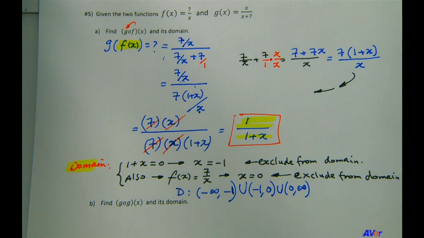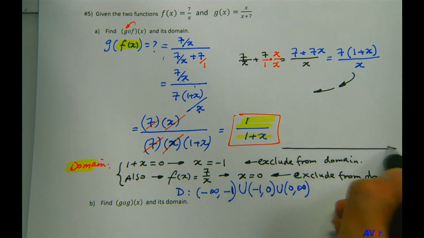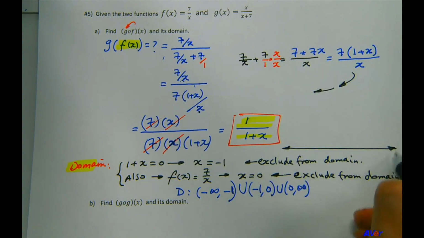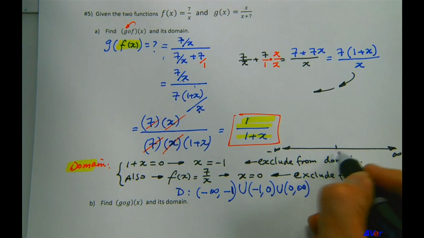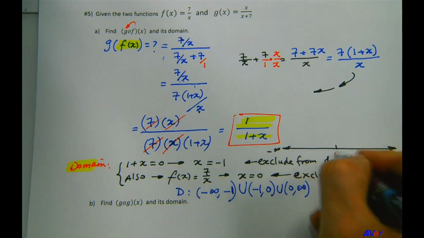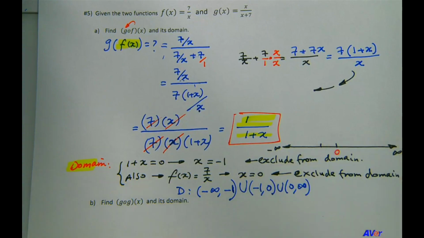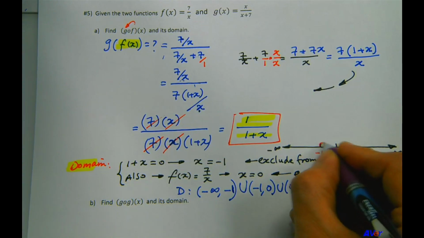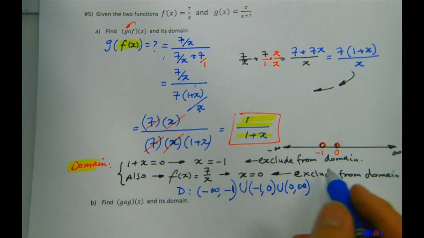Right? And if you have any questions at all about this, let me draw a quick graph here. Negative 1. So we want to exclude 0 and negative 1. So what can we include?